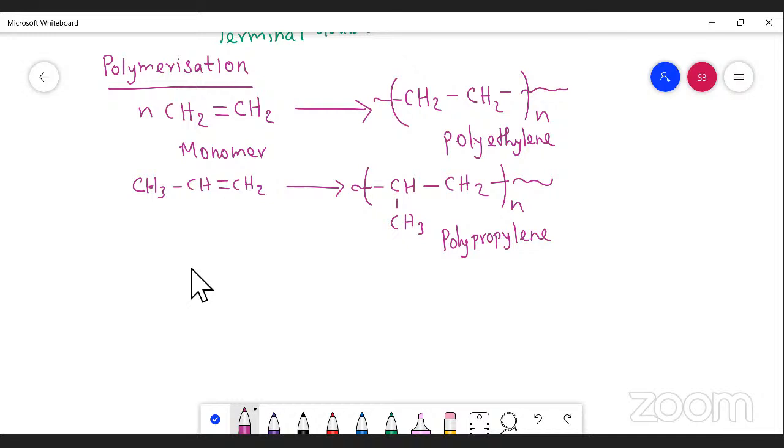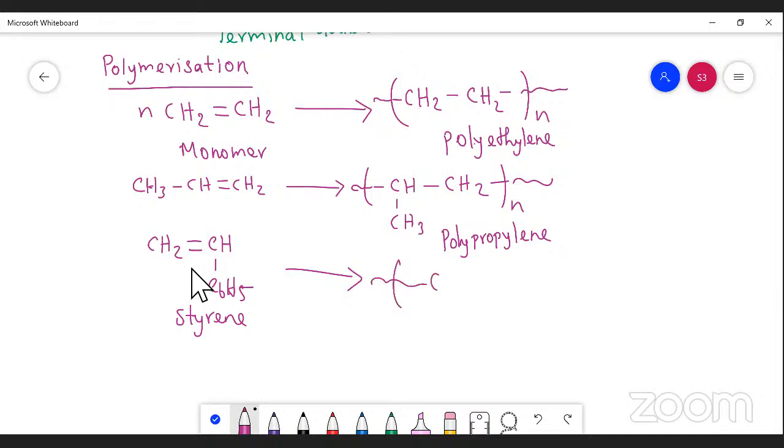Likewise, we may take styrene. What is styrene? It is CH2=CH-C6H5, which is known as styrene. Styrene on polymerization gives polystyrene.